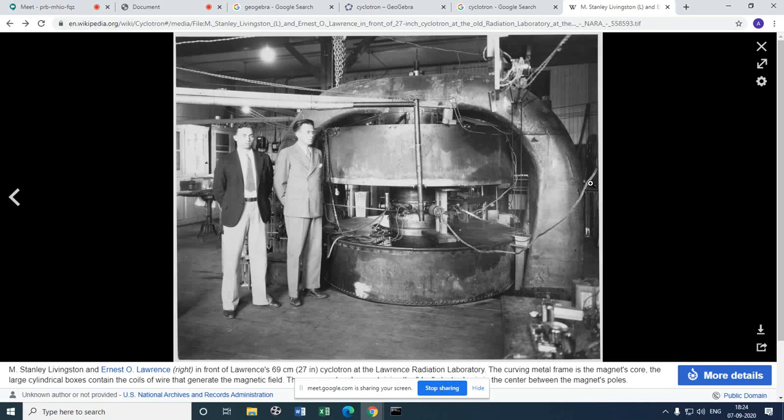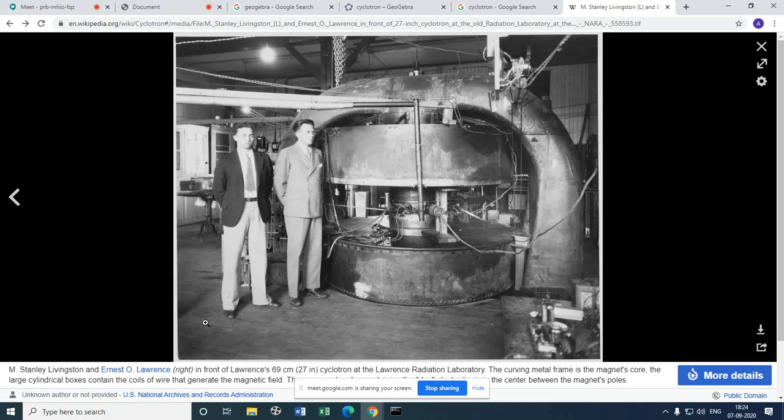Got it? So this is M. Stanley Livingston and Ernest O. Lawrence, in the form of Lawrence's 69 centimeter 27 cyclotron at the Lawrence Radiation Laboratory. The carved metal frame is the magnet core, U shape.